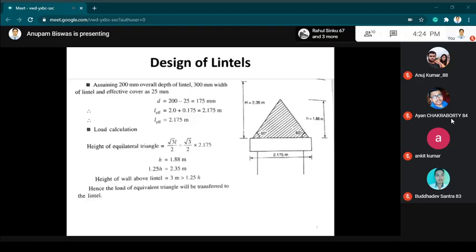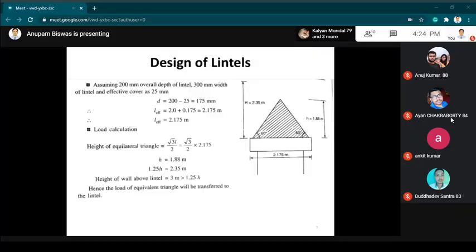Next, we have to consider the effective depth. Now the overall depth considered is 200 mm, and let us consider an effective cover of 25 mm.